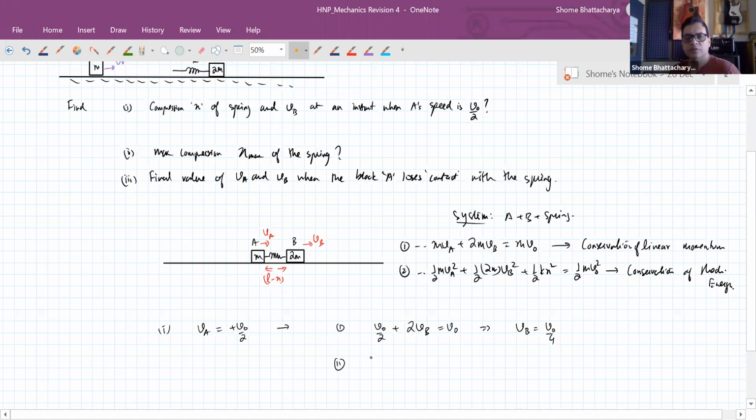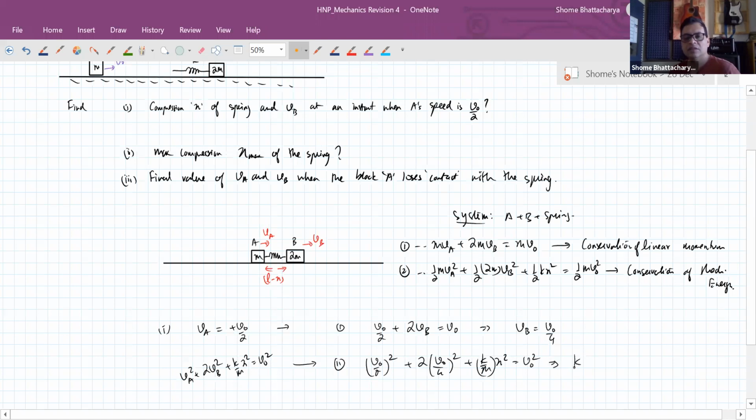Second equation we can write like this, that VA square plus 2 VB square plus K by m x square is equal to V naught square. So VA we will substitute as V naught by 2, and VB as V naught by 4, where x is the quantity we're looking for, is equal to V naught square.